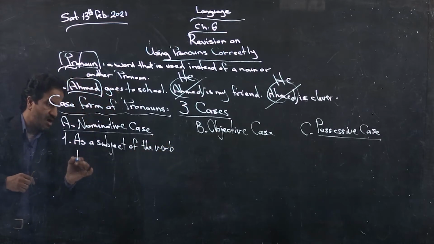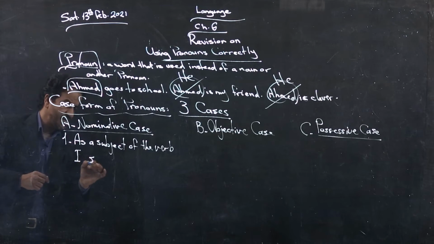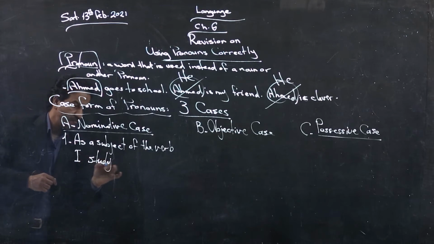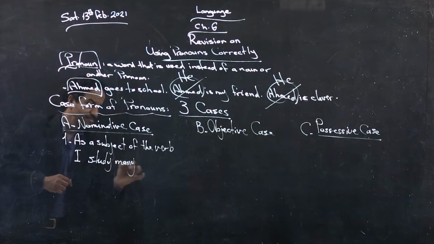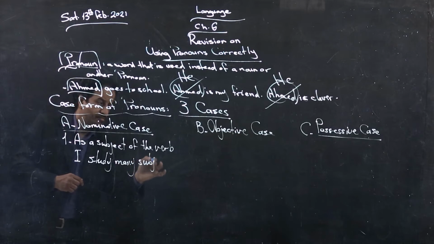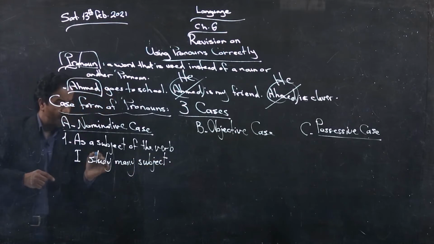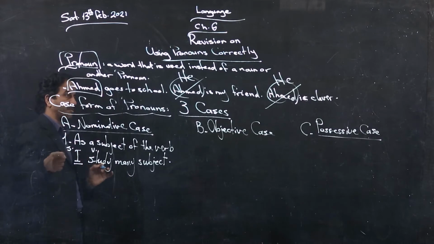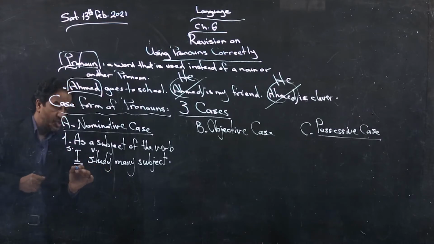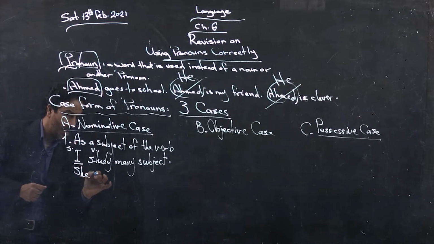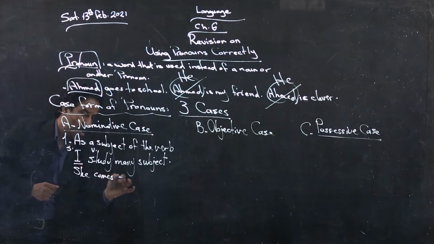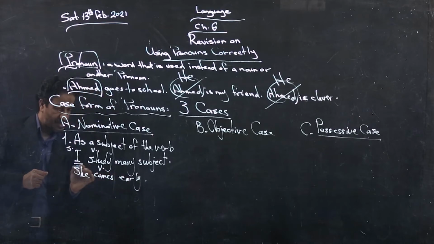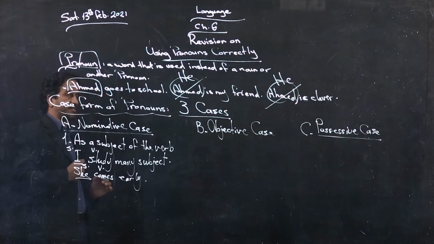For example, I study many subjects. Study is the verb, and I is the subject of the verb. So it's a nominative case. She comes early. The verb is comes, and the subject is she. So it's a nominative case.